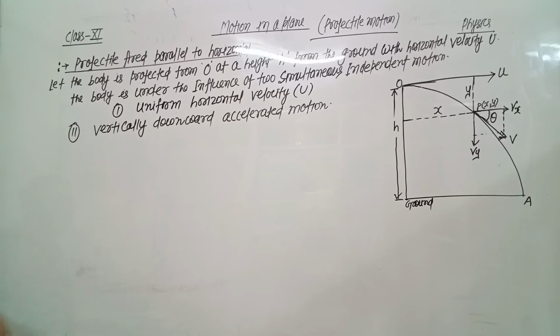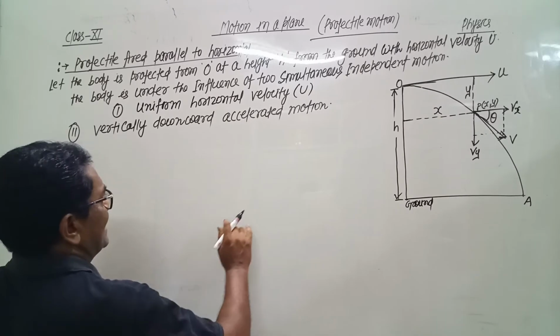First is uniform horizontal velocity u, and second is vertically downward accelerated motion with constant acceleration g.